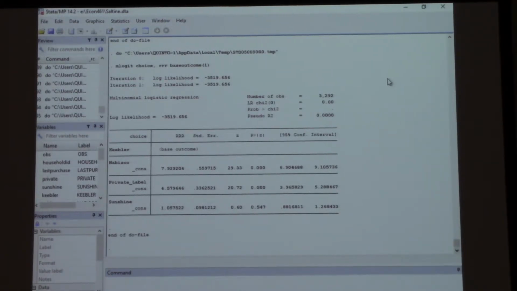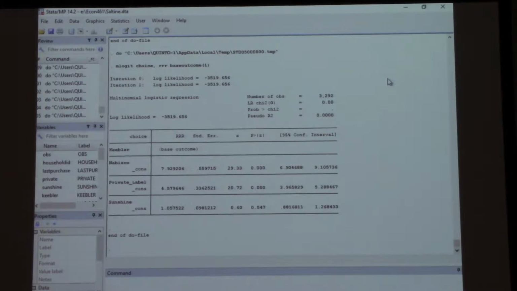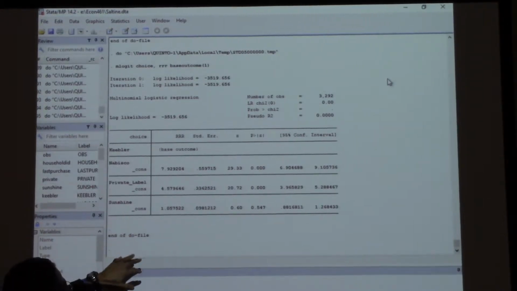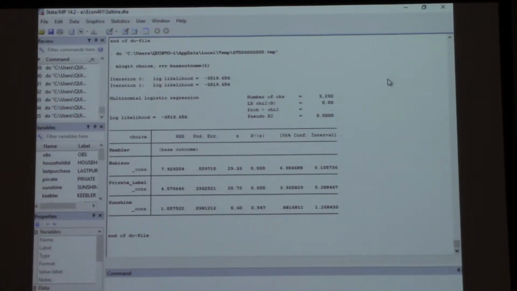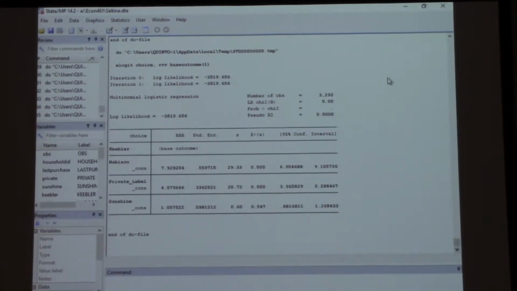You're 4.5 times more likely to pick private label over Keebler. And it's almost equal odds, which we knew from the relative frequencies. You're a little bit more likely to pick Sunshine over Keebler, but that difference is not statistically significant. Small t, big P, insignificant.